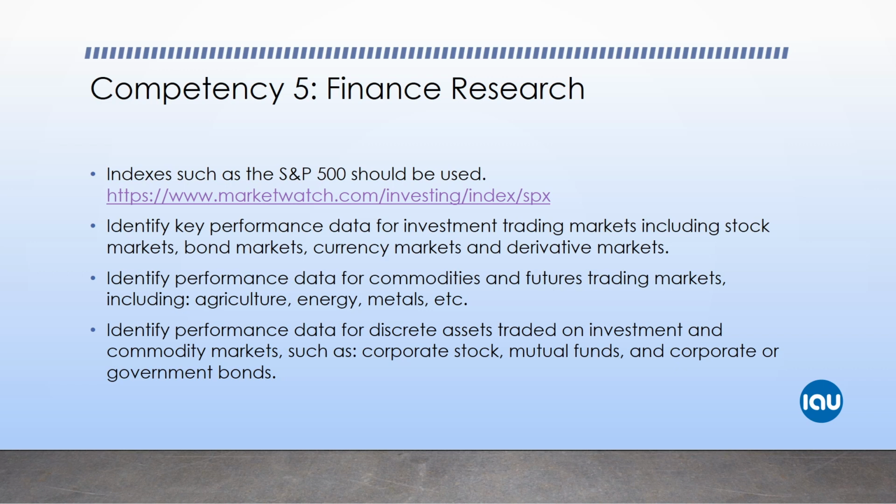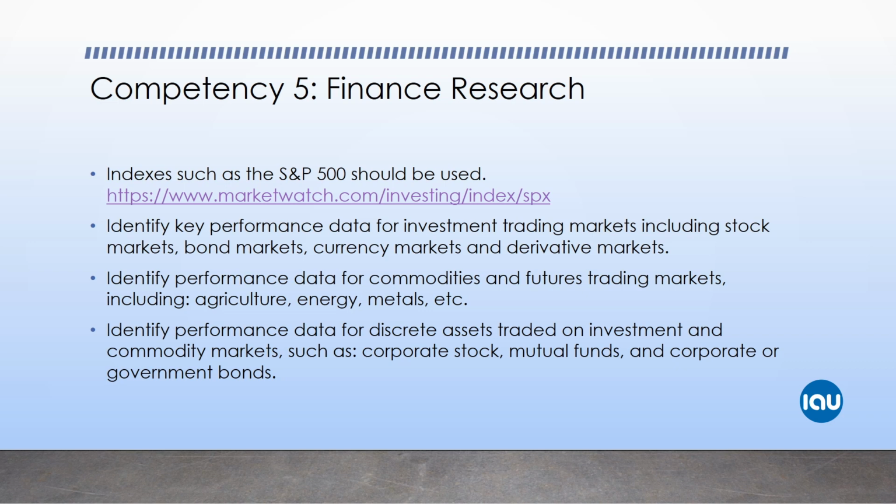Competency 5 involves finance research. So you will want to use indexes such as the S&P 500, and that's online for anyone to see. You don't have to go to any deep web databases to find that.